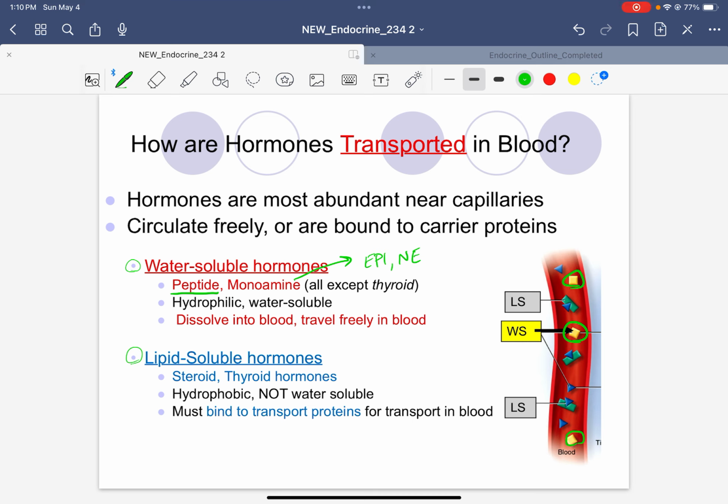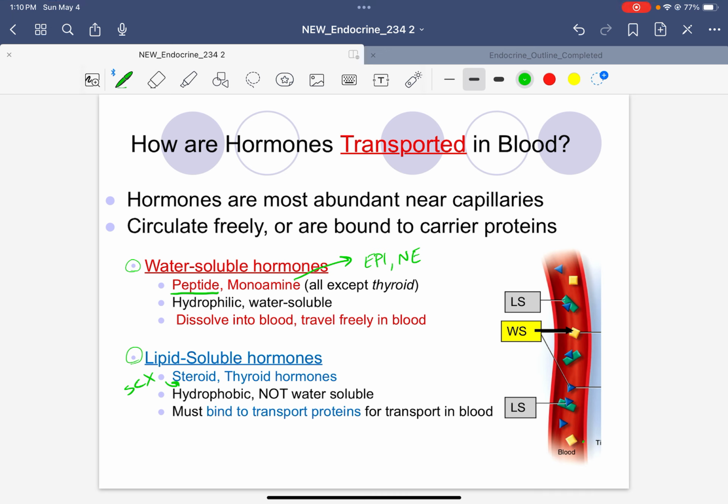On the other hand, we have the lipid-soluble hormones, and those would be our sex hormones. Here it's called steroid hormones, but we can also use the word sex hormones, which maybe can help us more: testosterone, estrogen, and then thyroid. These are lipid-soluble, the sex hormones and thyroid hormones, so they cannot dissolve in the blood.